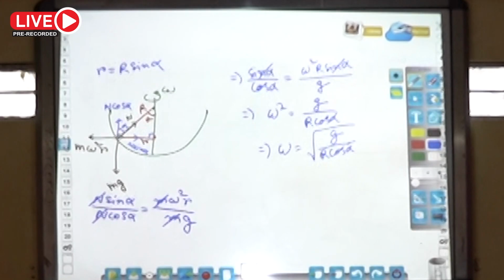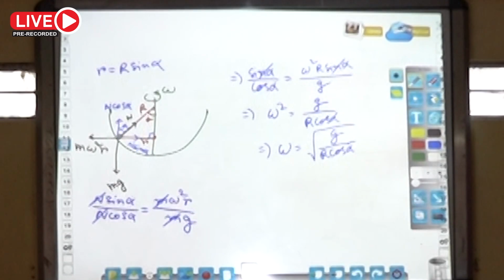One is mg, second one is normal reaction, third one due to the acceleration, that is a pseudo force, that is centrifugal. So we consider three forces, N, mg and m omega square r. See, m omega square r and mg, they are perpendicular to each other, but N is oblique to them.